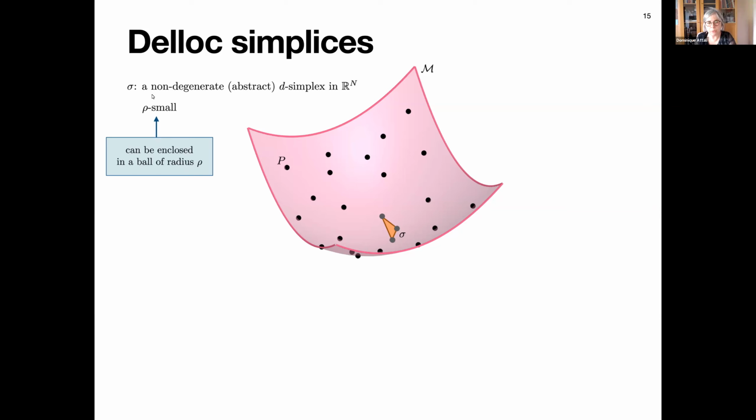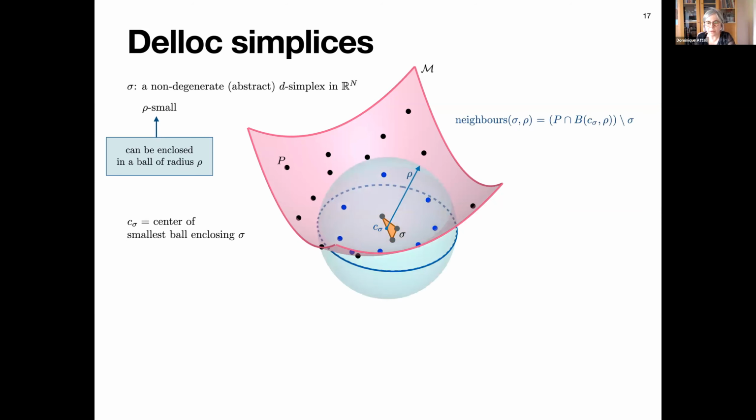Rho small would be a way to say that sigma is enclosed in a ball of radius rho. So now consider the smallest ball that contains sigma, and let's say the center of that ball is c of sigma. Consider the ball centered at c of sigma whose radius is rho.